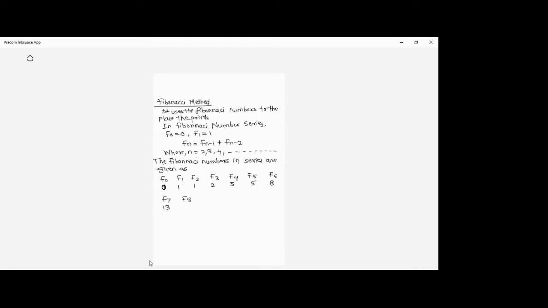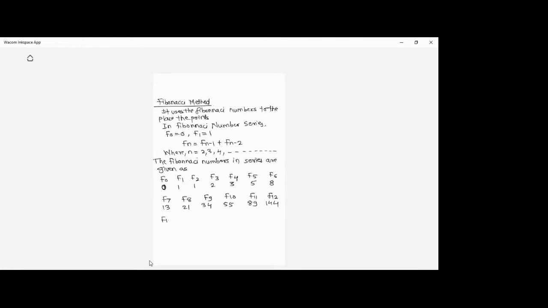f8, 13 plus 8 is 21. f9, 21 plus 13 is 34. f10 is 34 plus 21 is 55. Similarly, f11 is 89, f12 is 144.